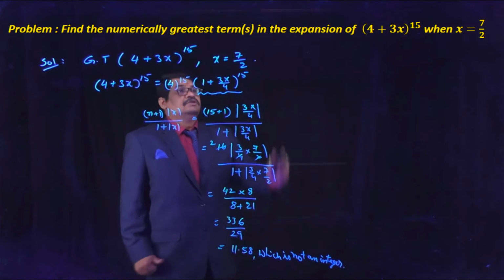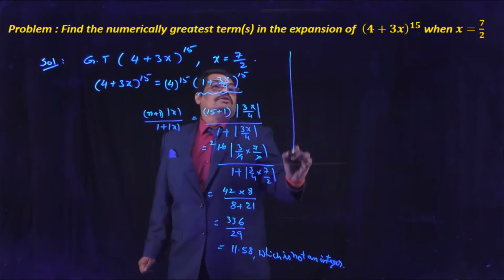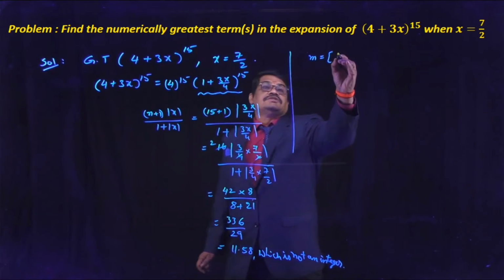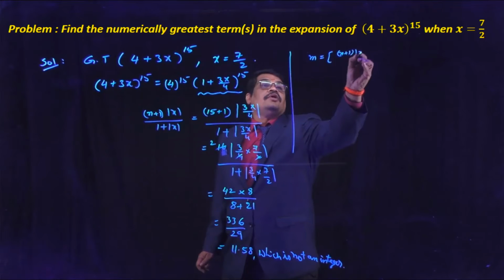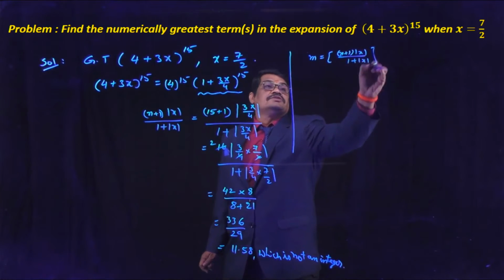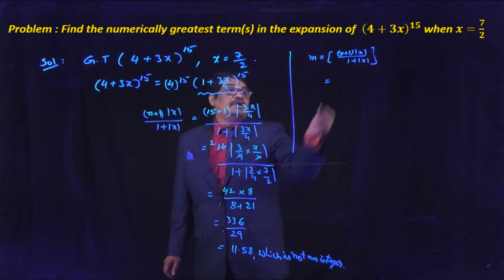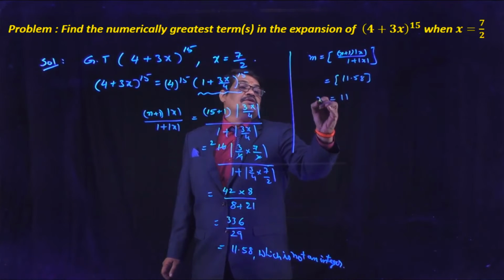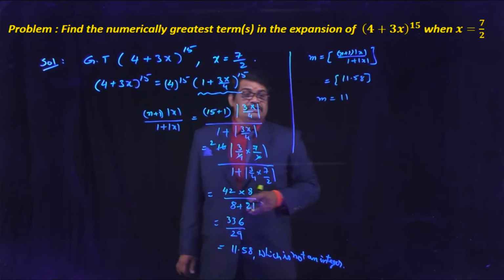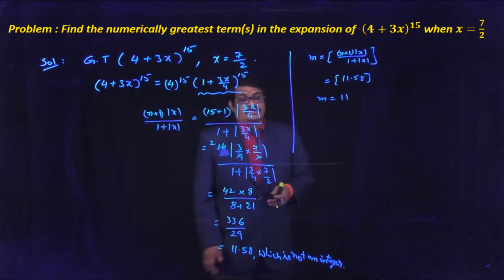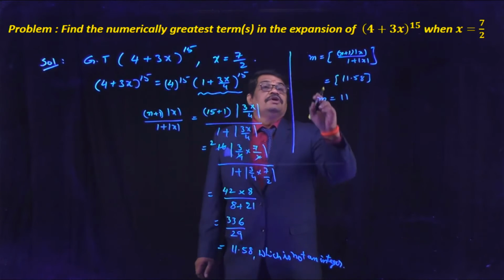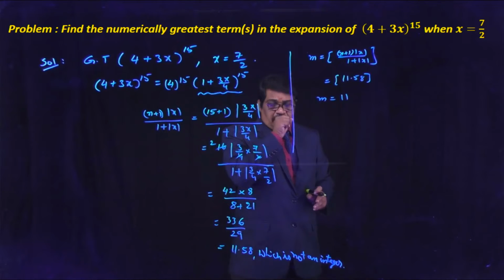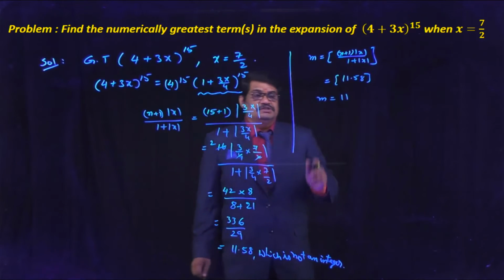Then we take the integer part of this value, (n + 1)|x| / (1 + |x|), which is 11.58. The integer part is 11, so m is equal to 11. Therefore, if this value is not an integer, T(m + 1) is the numerically greatest term.